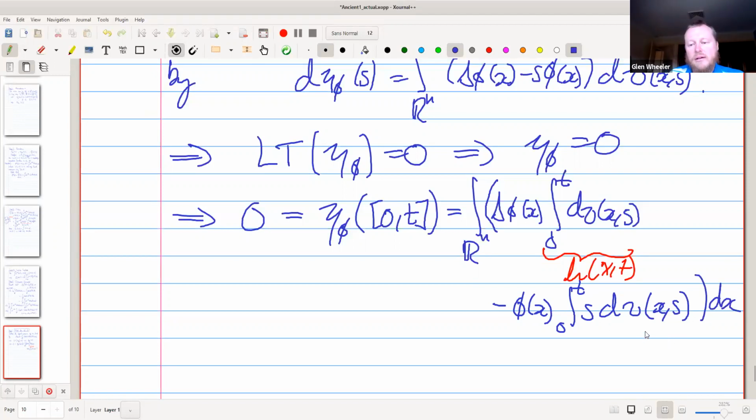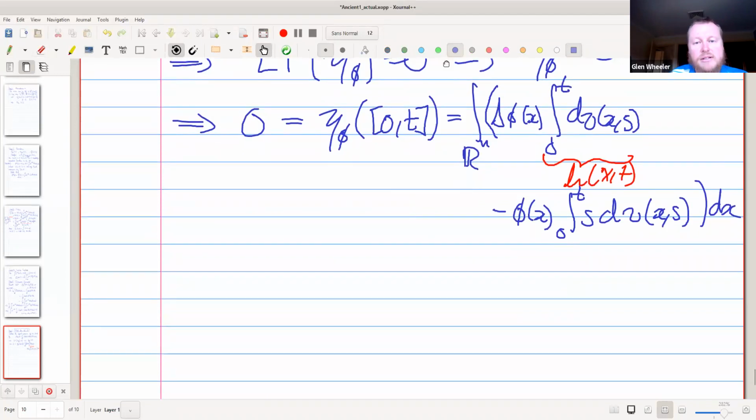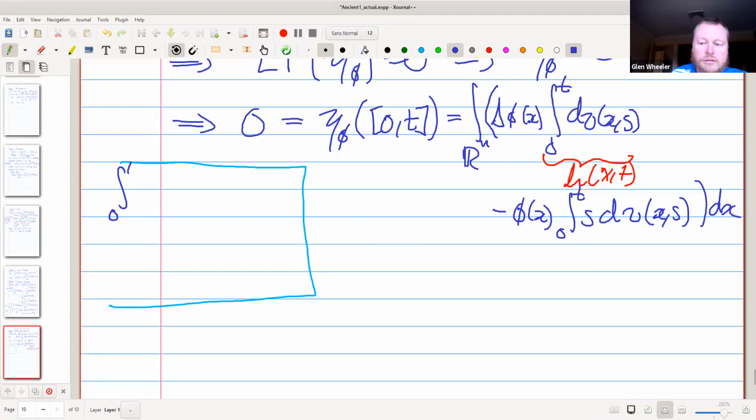Now, what we love to do is integration by parts, or at least I love to do integration by parts. One of my favorite things to do. Because you see here in this integrand, let's just make a little side area. In this integral, we've got the integral 0 to t of s dν(x,s), right?